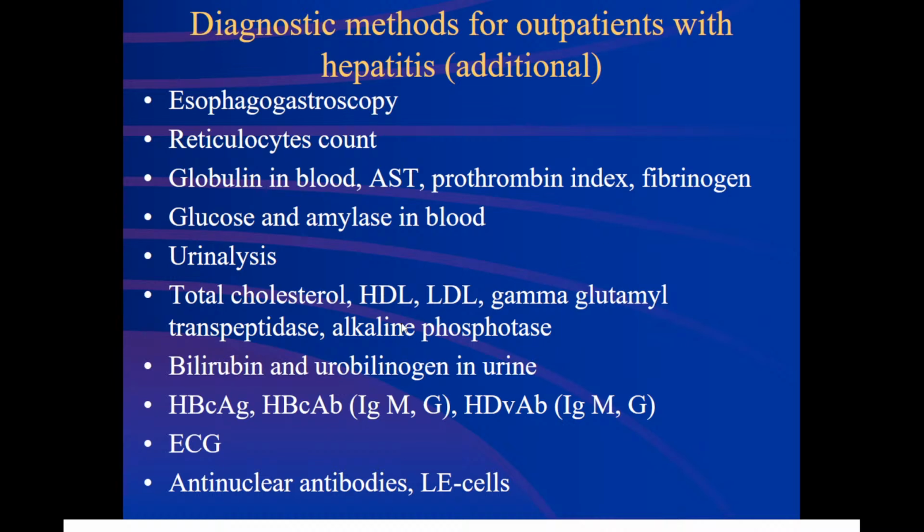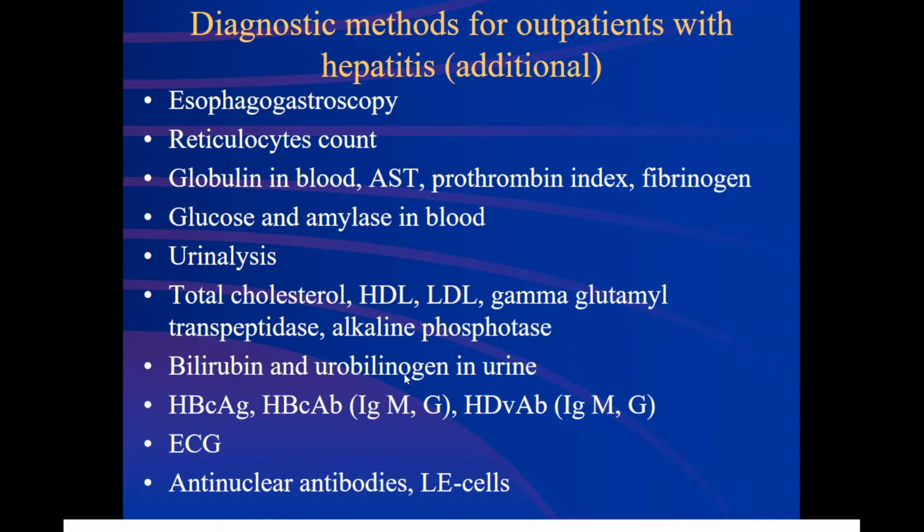Cholesterol destruction takes place in the liver. That's why hypercholesterolemia is typical for liver disease. And gamma-glutamyl transpeptidase and alkaline phosphatase you will do in a patient who develops jaundice and you suspect bile stagnation in the liver.